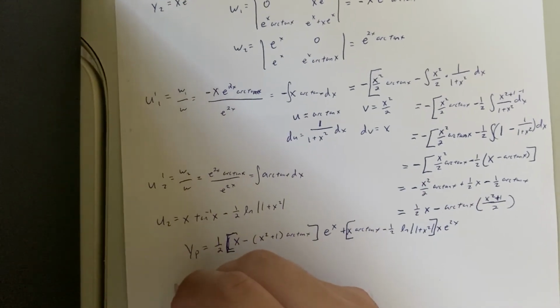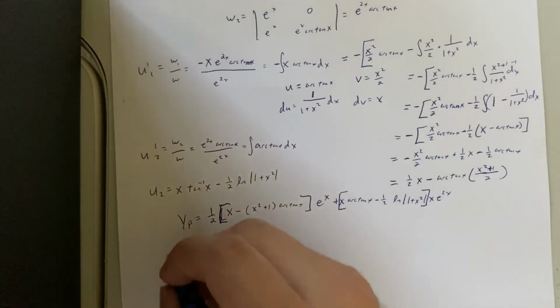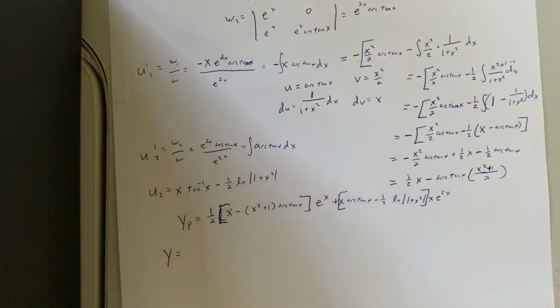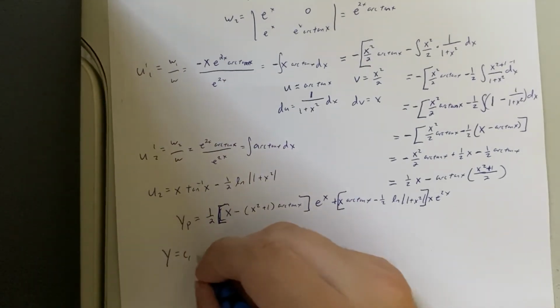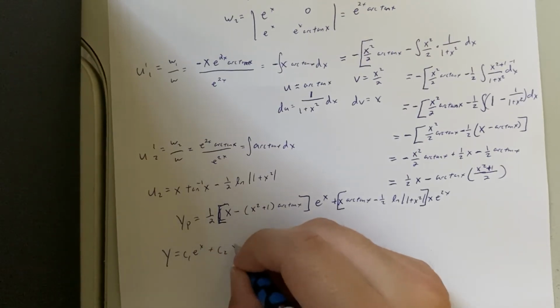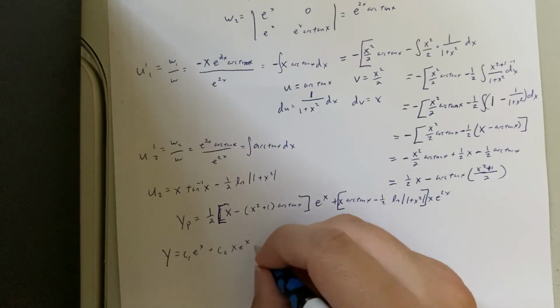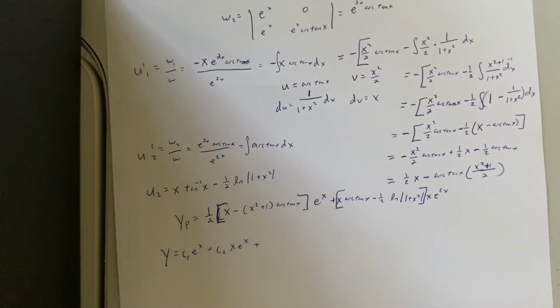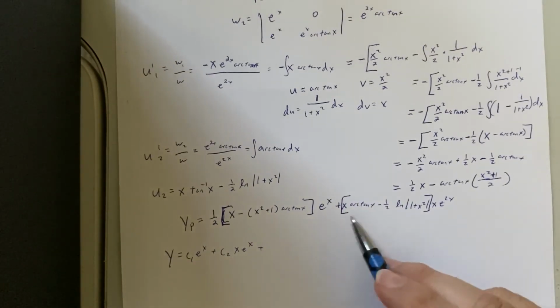So therefore my y is equal to c sub 1 e to the x plus c sub 2 x e to the x plus my particular.